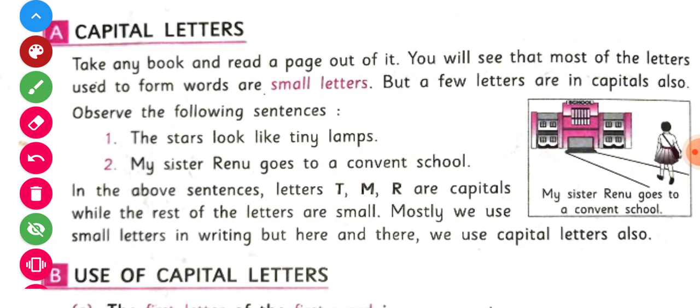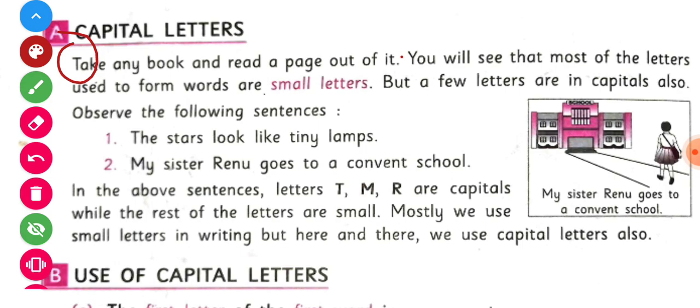So children, you can see here also in your English grammar book, when you open this page, here is the word take. In the word take, T is capital, while all other letters are small.